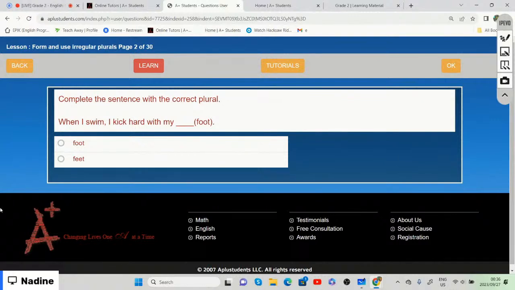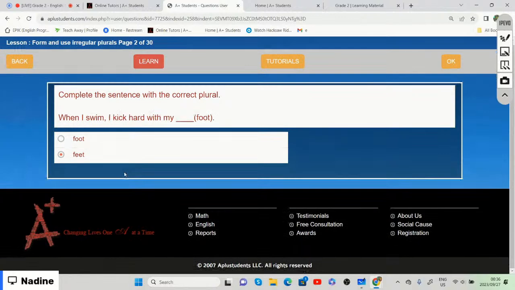So a foot, right? It's 1 foot. But if it shows more than one, then we say 2 feet. So feet. So when I swim, I kick with my feet. Feet is more than one.